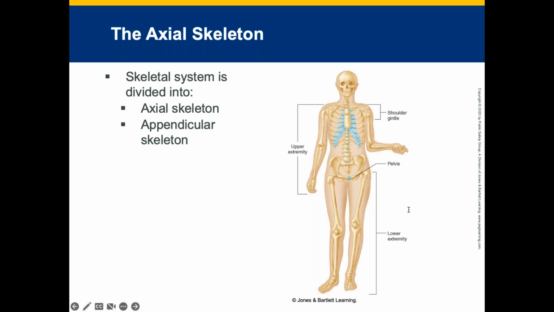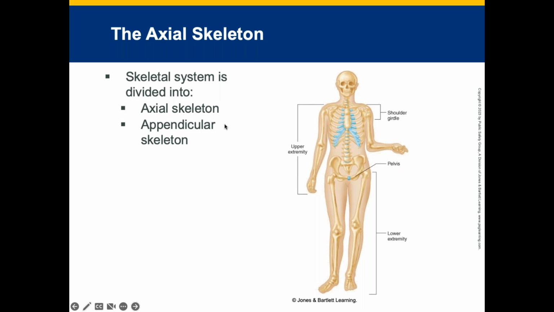The heart and lungs and the great vessels are enclosed in the thorax, which is in the thoracic cavity. How many bones are there in the body? 206.